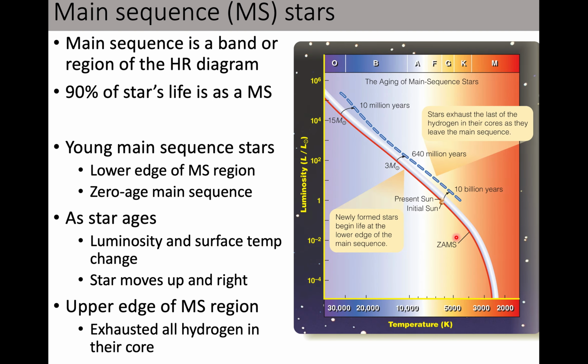So here we have, as our main sequence star ages, it's going to be converting those 4 hydrogen into 1 helium, and it will be increasing in temperature as we follow the main sequence. It is increasing in temperature, and it is also getting brighter. It is increasing in luminosity until the point where the star has used up all of the hydrogen within its core, and all that's left is helium.